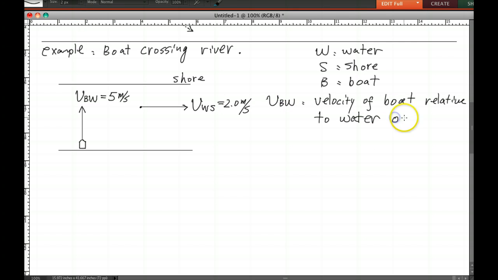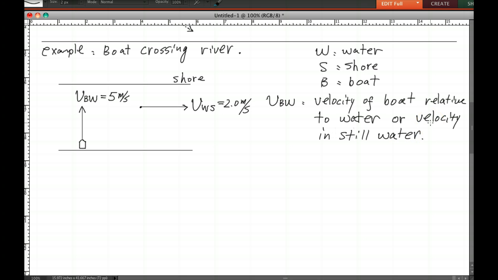Or we can just say the velocity in still water, because there's no difference.